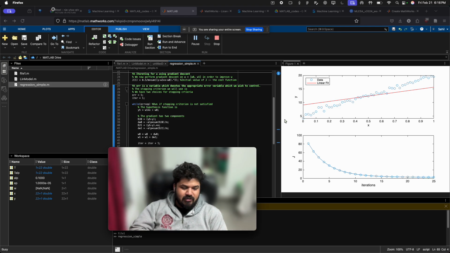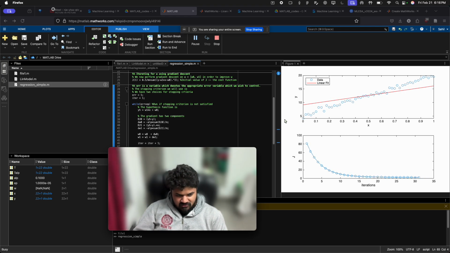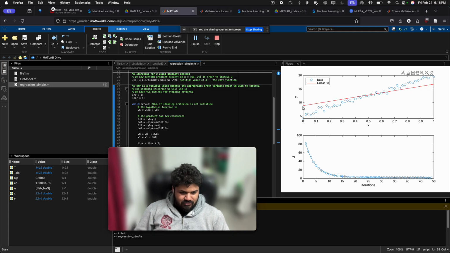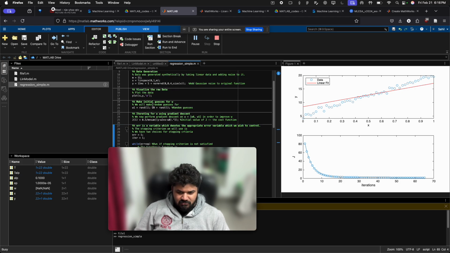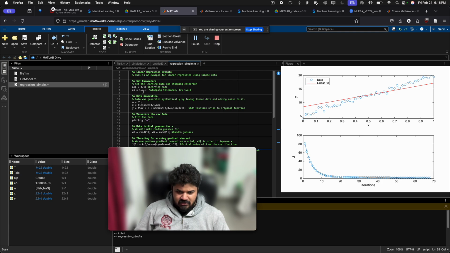It's slowly moving upwards, okay? And slowly this thing also comes down. It will take some time. While error is greater than EP, it should be some value. EP is 10 raised to power minus 3.